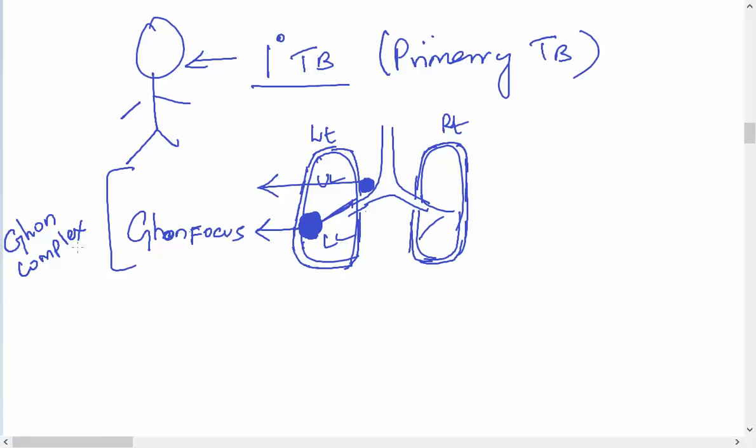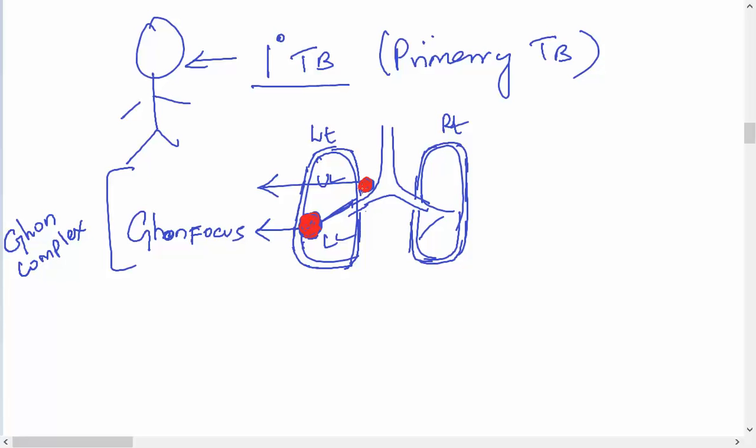So now they have very good immunity. They are killing the mycobacterium, and after killing they will heal. When they form a caseating necrosis, the calcium will deposit and they will become calcified. When they become calcified, in X-ray it can be seen.